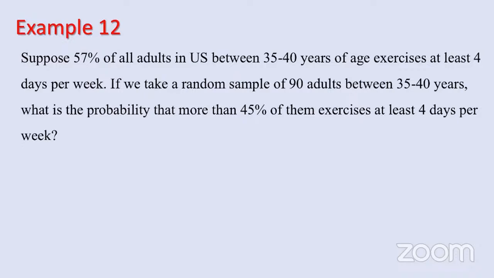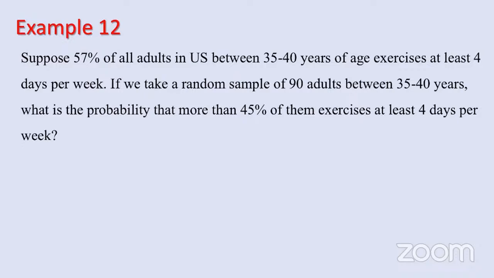If we take a random sample of 90 adults in that age group, we have to find the probability that more than 45% of them exercise at least 4 days per week.